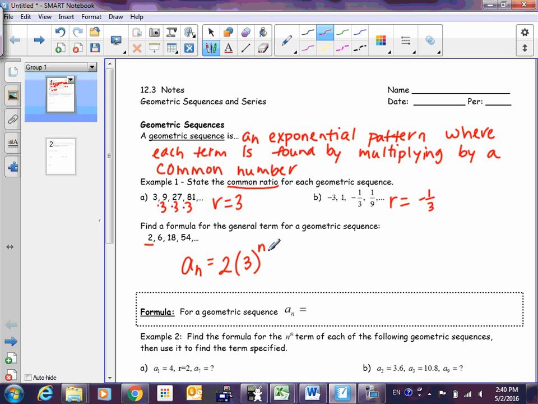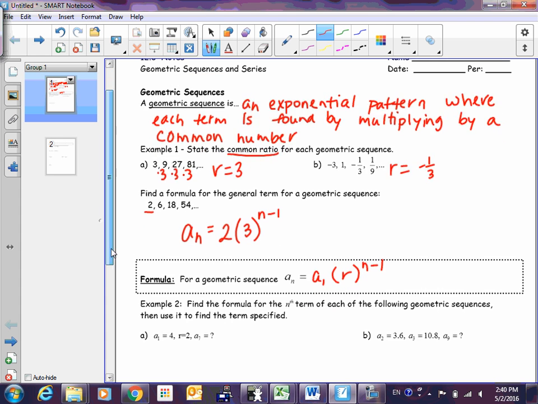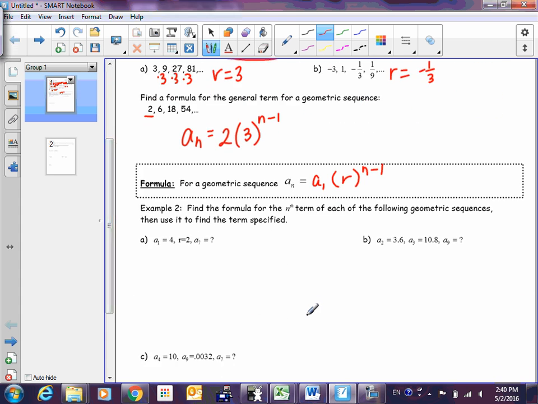Which one do you think? Minus 1. That's the formula, actually: the first term times R to the n minus 1. And you don't simplify this, and you don't have to memorize this.